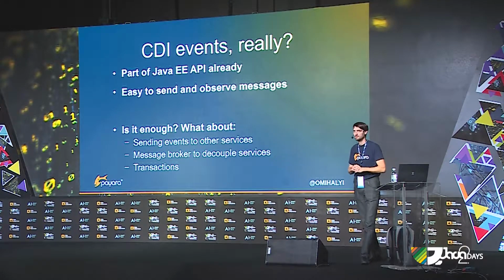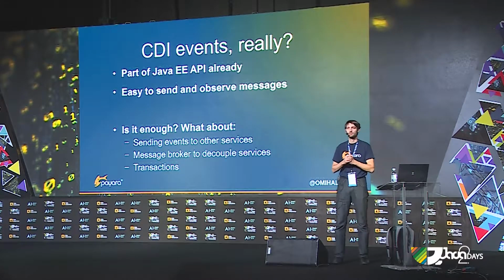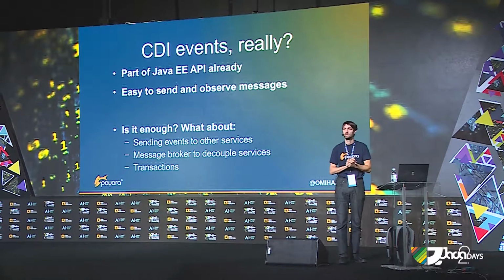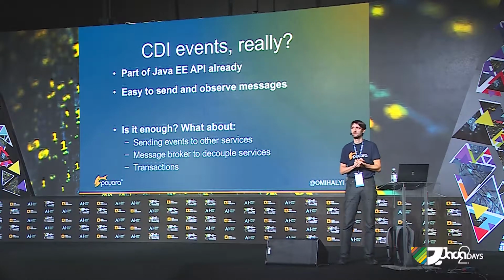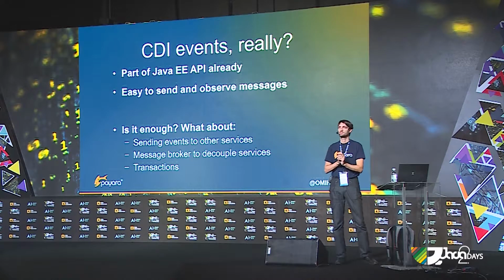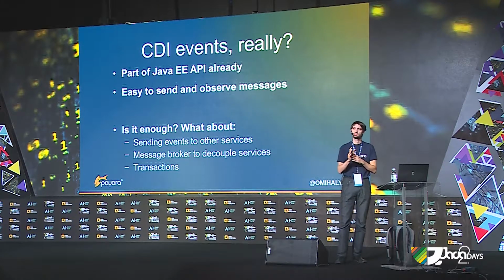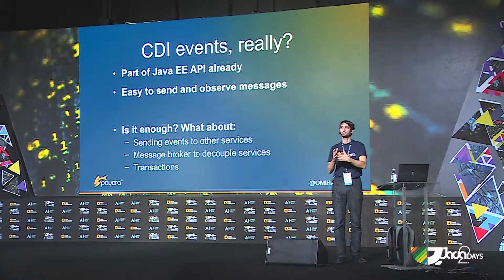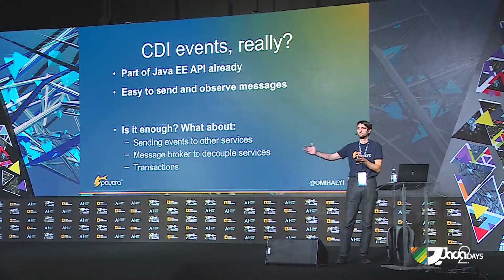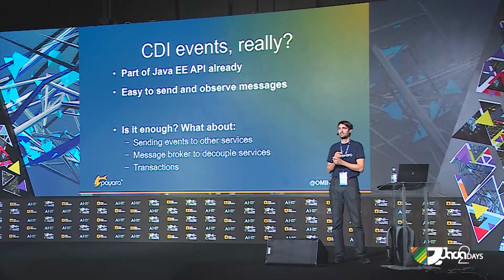And I want to show you how to use a very simple thing in existing APIs, which is CDI. CDI contains a small part of the API which supports sending events. But the thing is, with CDI, you can only send events within one process, so it's not very useful to communicate across services.